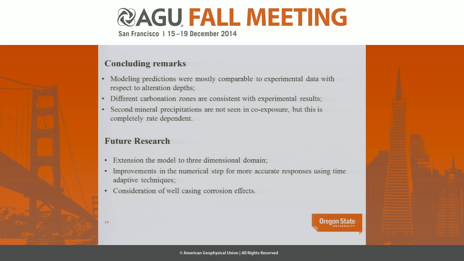As a conclusion, we generally have comparable results with what we had in the experimental plan, but the results are very sensitive to the porosity. We could see different carbonation zones from our different results, and we didn't see secondary minerals based on the thermodynamic database that we have used until now.